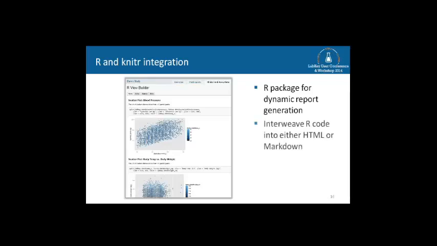The knitr report allows you to interweave the R code that you're writing directly with HTML or Markdown. That gives you that styling as you're writing the report itself, so you don't have to pull your R artifacts into a separate file. Markdown is a plain text syntax that allows wiki-like styling, and I'll show an example of an R Markdown report in a minute.